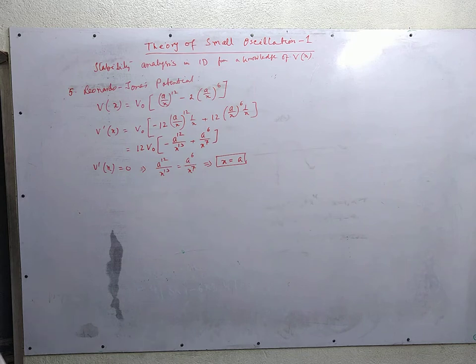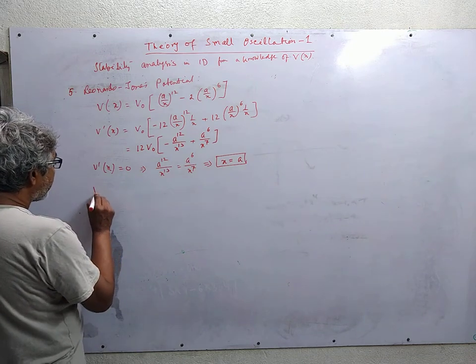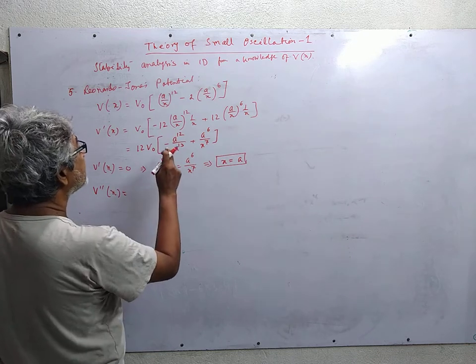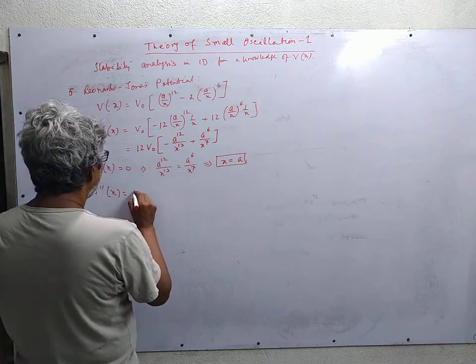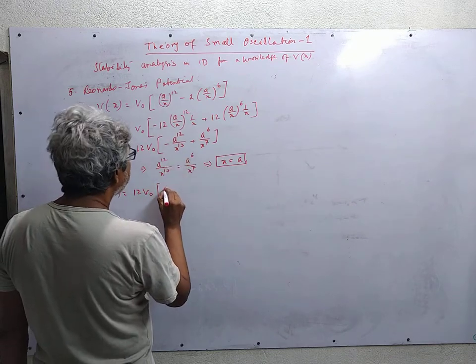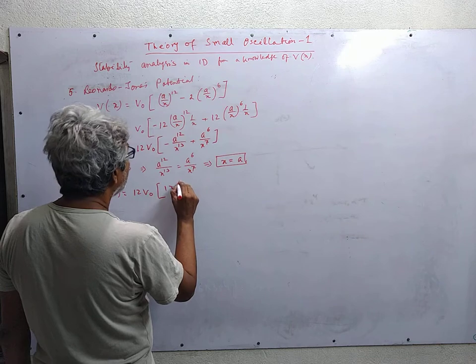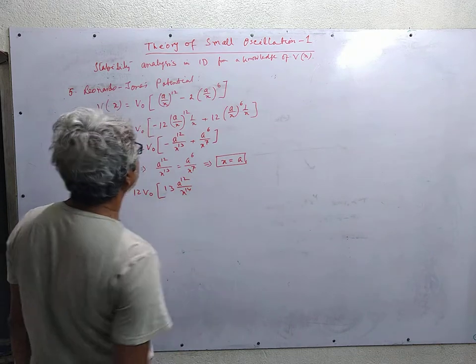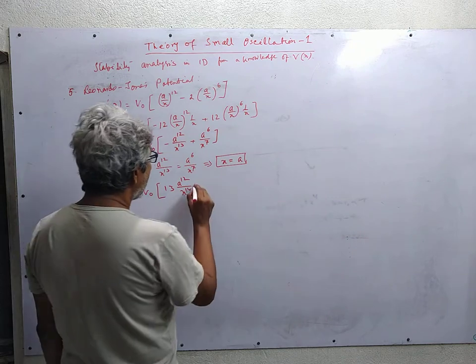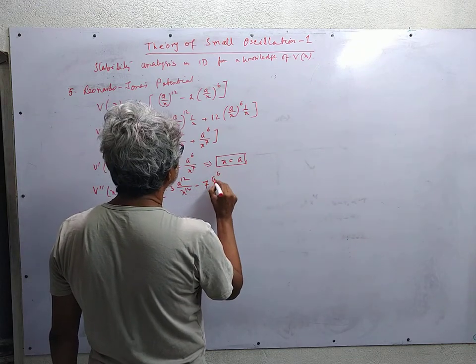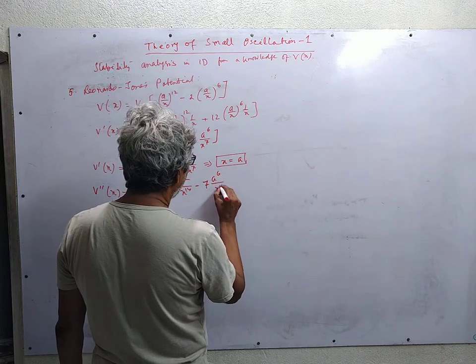Let us calculate V double prime. V double prime of x is, from this expression, 12 V0 times, plus 13 A to the power 12 by x to the power 14 minus 7 A to the power 6 by x to the power 8.